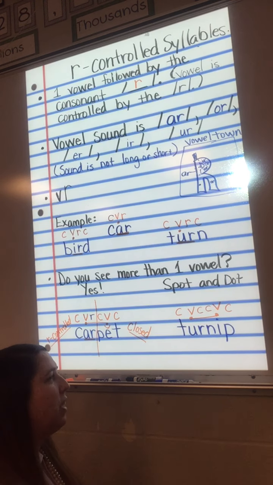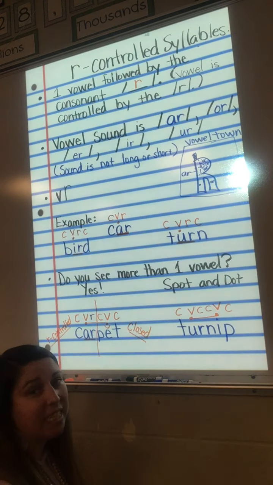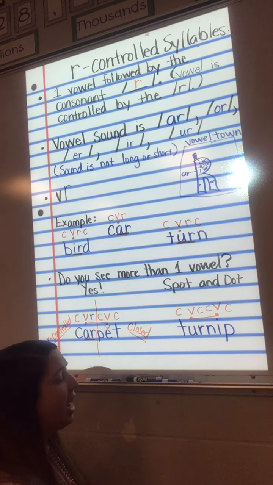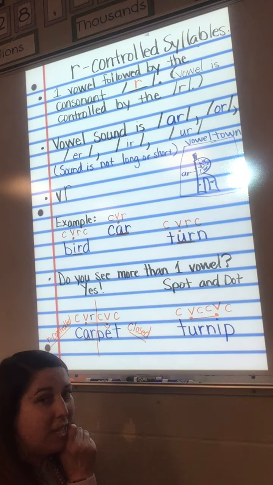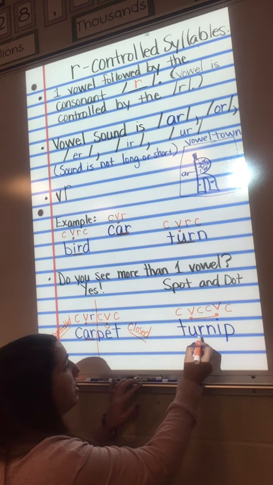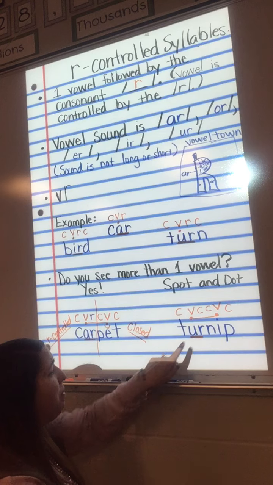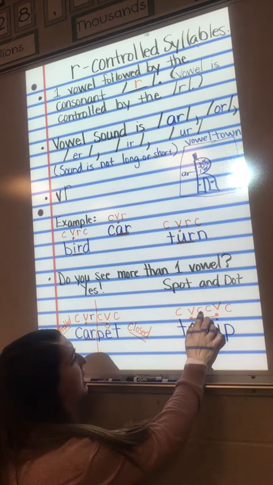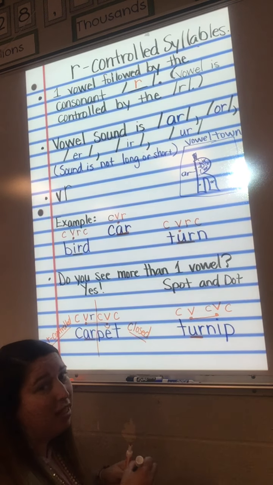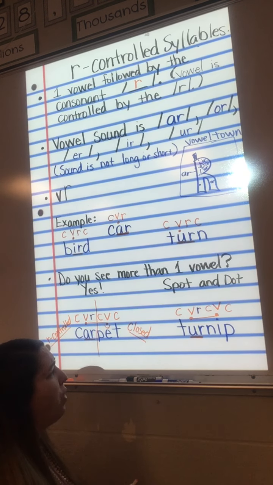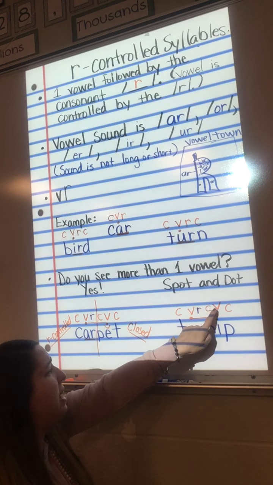All right, so now let's see if I can identify an R-controlled syllable, because that's what we're learning this week. So let's see. Are any of my vowels followed by an R? Did you say the U? You're correct. The U is followed by the R. So I already know I'm going to underline this because I remember that the UR lives on the curve. So what do I want to do to this R? Instead of making it a consonant, we're going to put it as the bossy R. You are correct. So I have CVR and CVC.